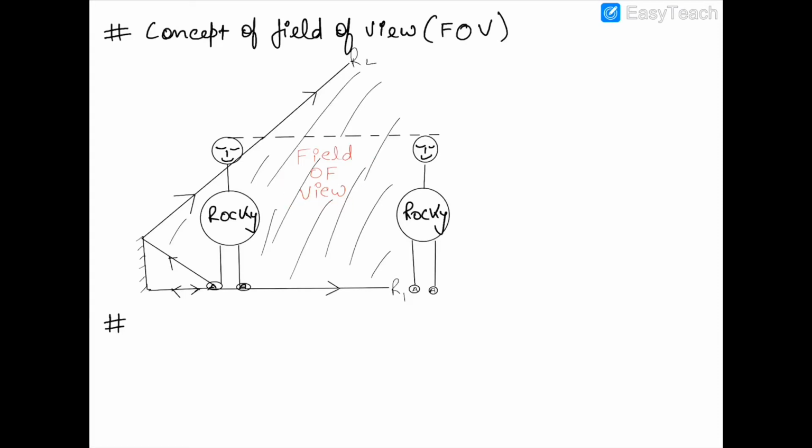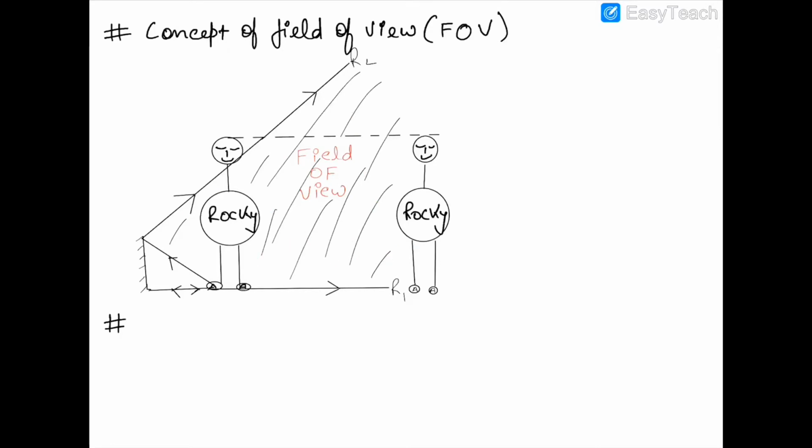And as its name suggests, anyone who is willing to see the shoes of Rocky, that means the object, should have their eyes in this region, the field of view, because we can all see only through our eyes.